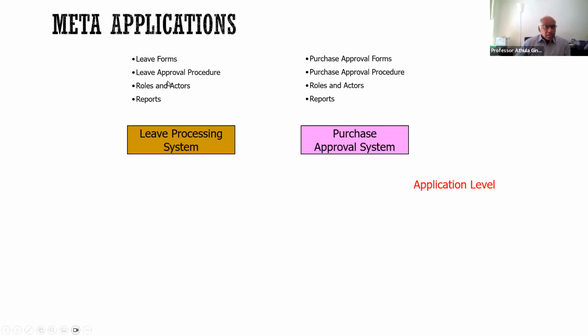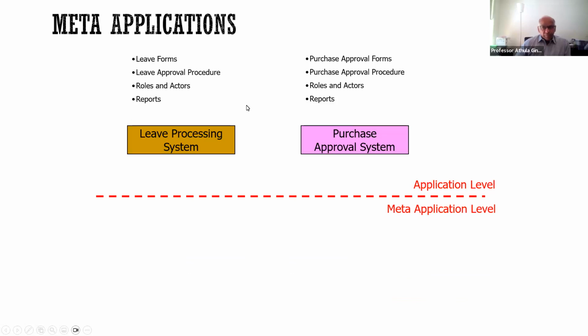There are roles and actors who will apply, authorize, check. There are reports for the management. So typically, what we do is we develop a system for this, and we develop another system for this.